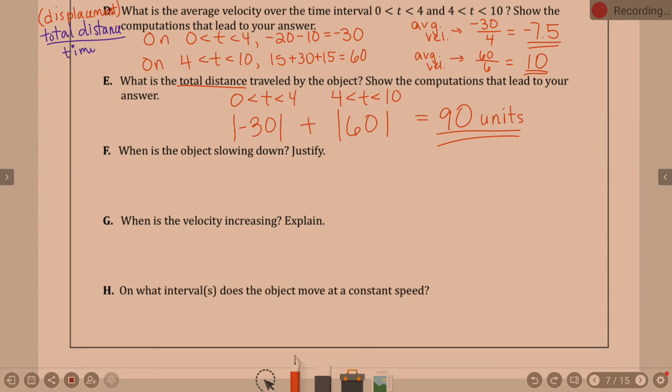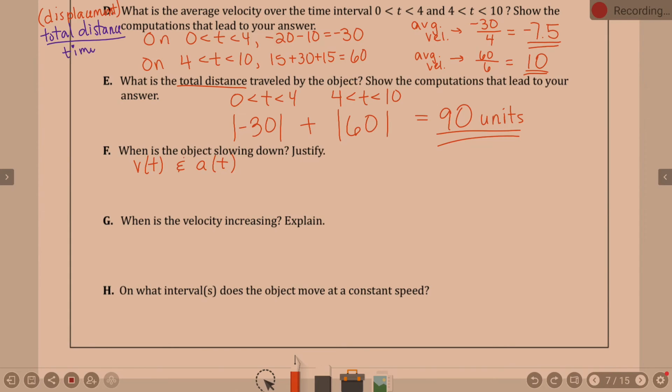Okay, F. When is the object slowing down? Well, for it to slow down, what has to be true? Not necessarily. What did I say equals? Velocity and acceleration have to have what?